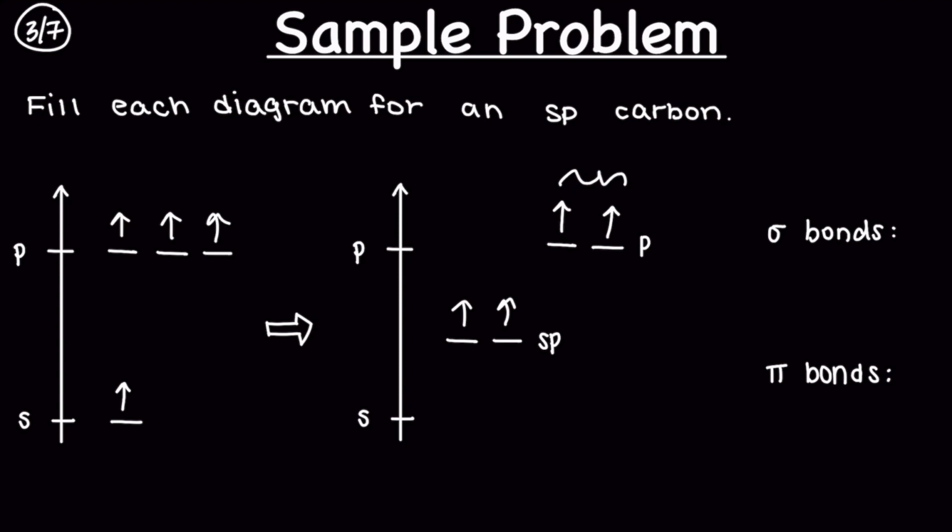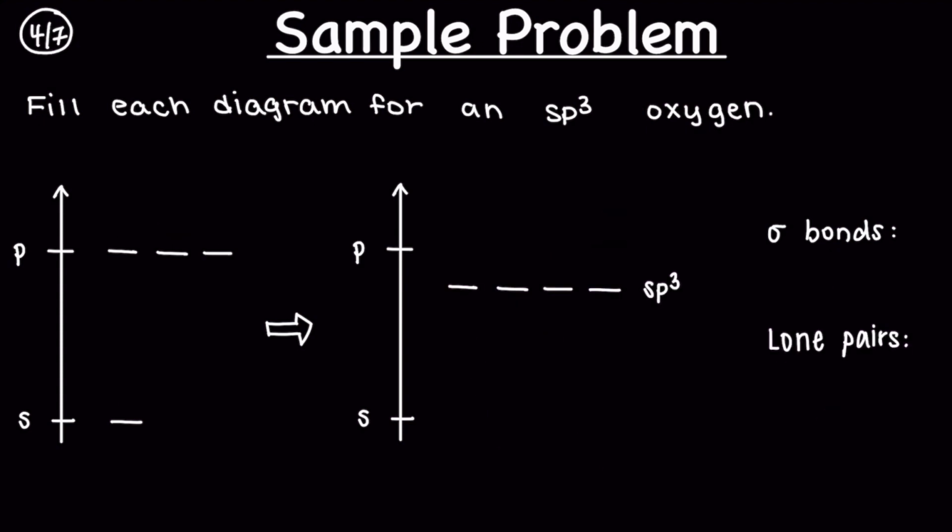This here tells us that we have 2 pi bonds, and 2 sigma bonds. And if we were to draw this out, we would have a carbon, triple bonded, and then 1 more bond here. If we were to put sigma in blue, we would have 1, 2 sigma bonds, and then our pi bonds in yellow would be our 1, 2 pi bonds.